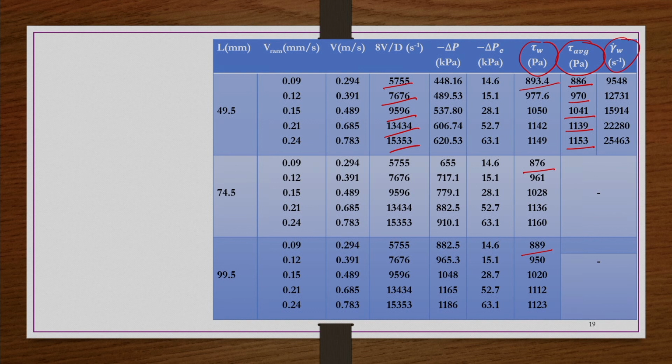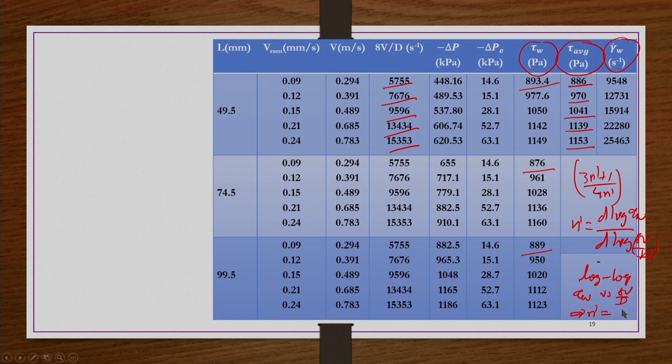So, what we need to have? We need to have this correction, 3n prime plus 1 by 4n prime, for each case. n prime is nothing but d log of tau w divided by d log of 8V by D. For each 8V by D, tau w information you already got. So, you plot tau w versus 8V by D on a log scale, then you find n prime.